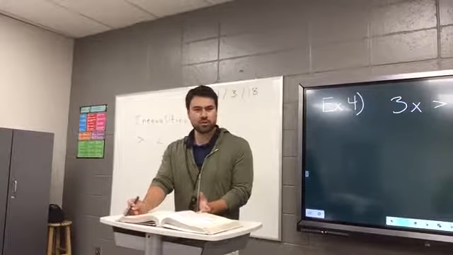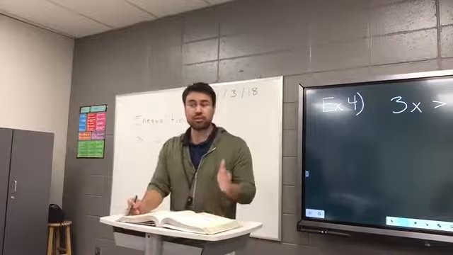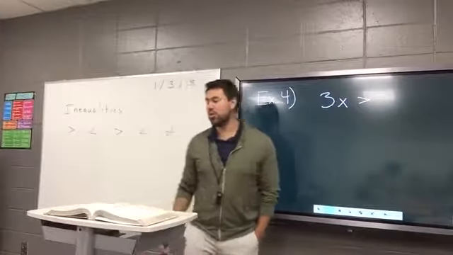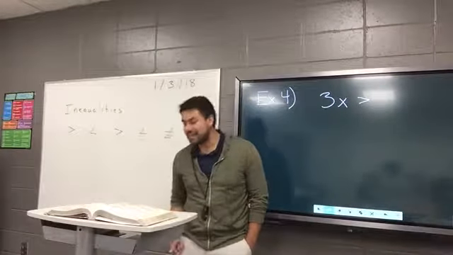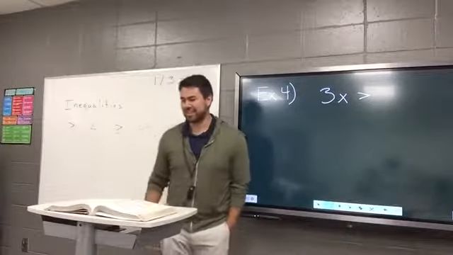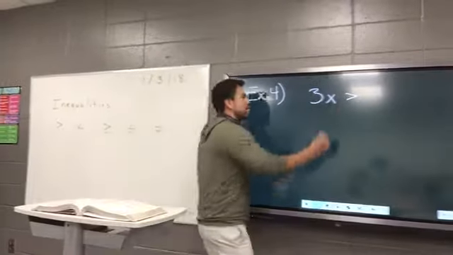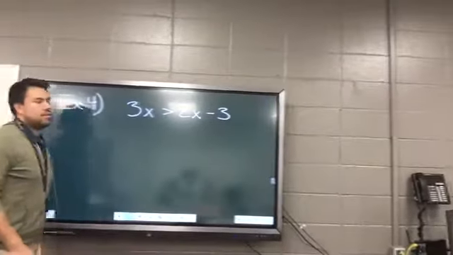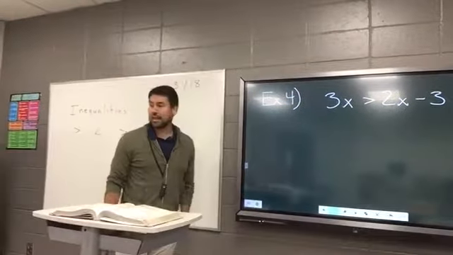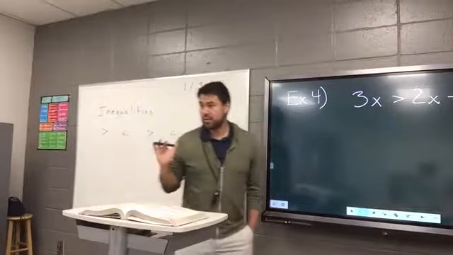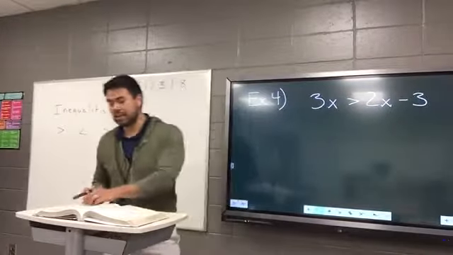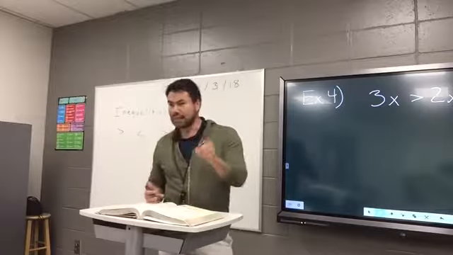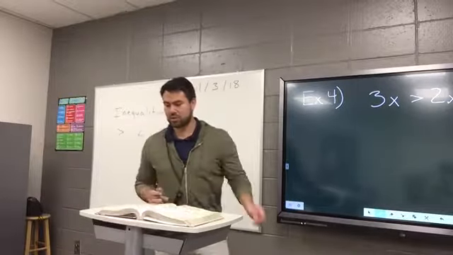Difference refers to subtraction, so it'd be 2x minus 3. So that's your inequality. And the hardest part about those problems is going to be the more than, less than, at most, at least. That's where they're going to try to get you.